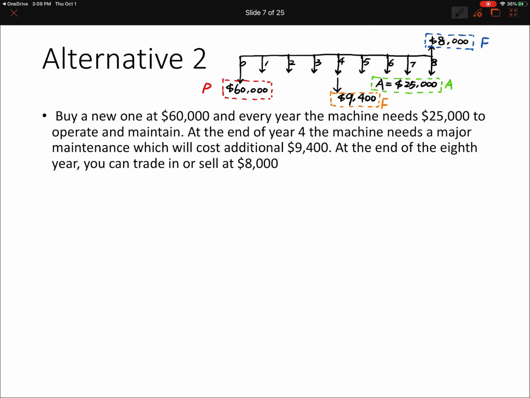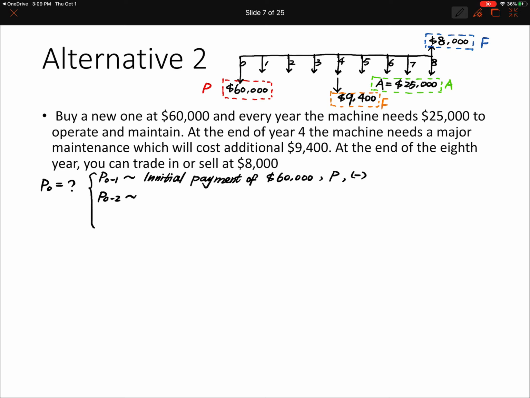Okay, so right now, if you want to find out the present value for those cash flows, there are 4 parts. So P01, the first part, is from the initial payment of the 60,000. Okay, and we said it is type P value and it is cost, so it's negative.